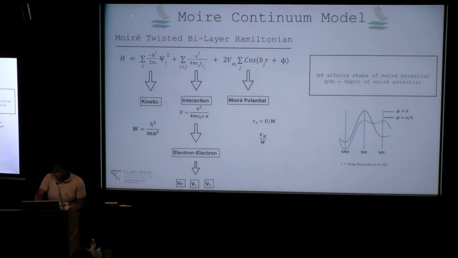And so the interaction energy is made up of all of the electron-electron interactions. We can break this down conceptually into three parts. There's the Hartree energy, the exchange energy, which arises due to the fact that electrons are indistinguishable, and then the correlation energy, which arises from each of the electron-electron interactions. But in a system like this, there are so many electron-electron interactions that it's really difficult to calculate correlation energy.